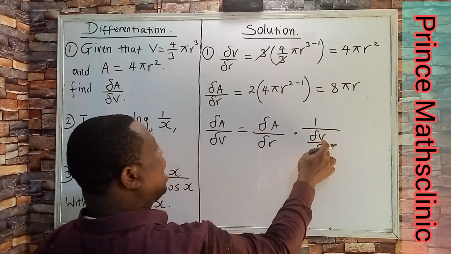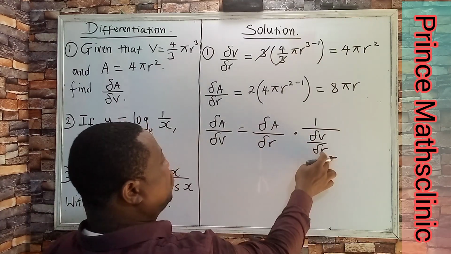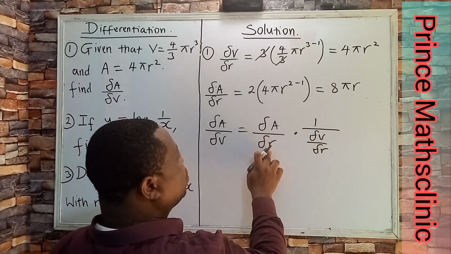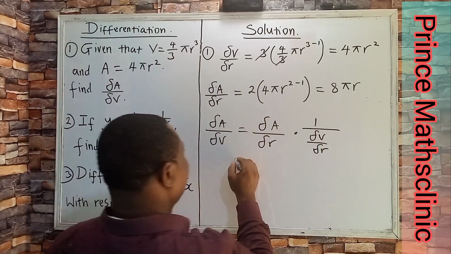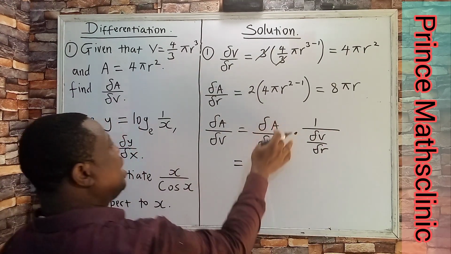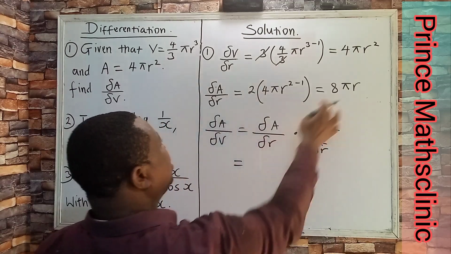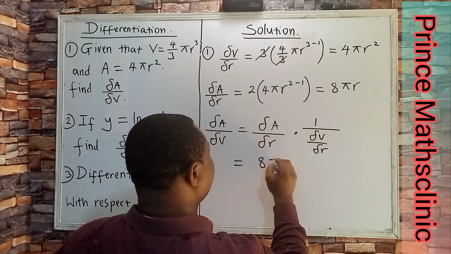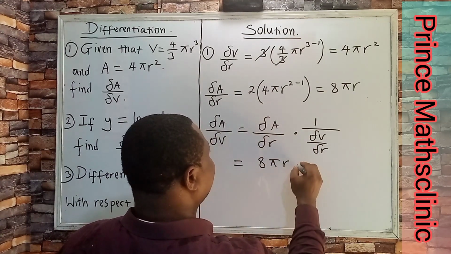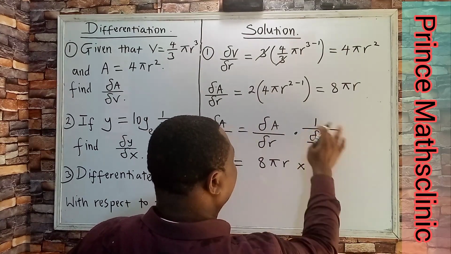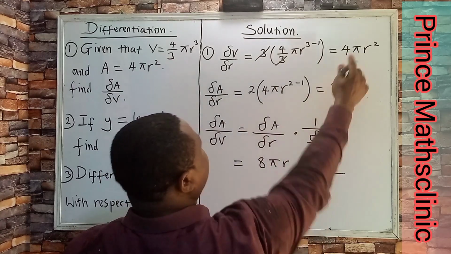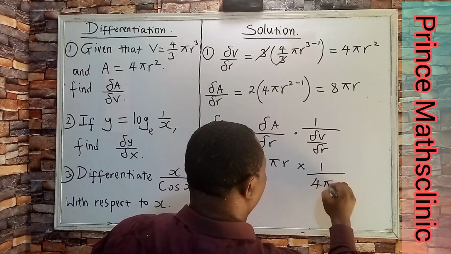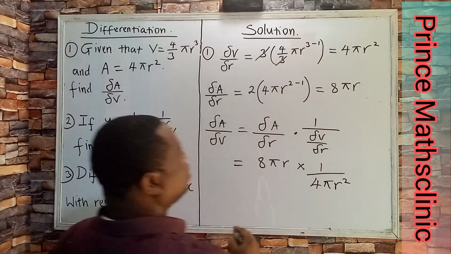The inverse of dV/dr will be dr over dV, where the dr will cancel the dr and you have dA over dV. So now, what is my dA/dr? The result of dA/dr is simply 8 pi r. Then the inverse of this means 1 over dV/dr. The dV/dr is simply 4 pi r squared.